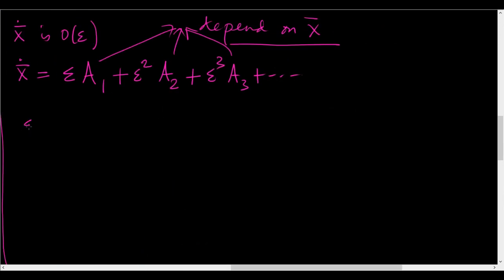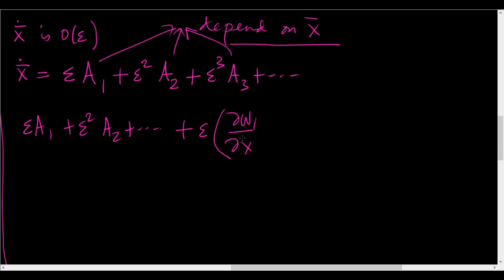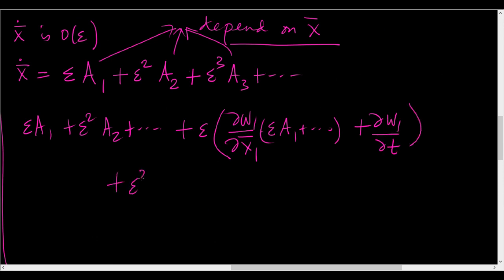Okay, so we come here and we get epsilon a1 plus epsilon squared a2 plus dot dot dot plus epsilon del w1 del x bar times epsilon a1 plus dot dot dot plus del w1 del t plus epsilon squared, and then this is order epsilon.